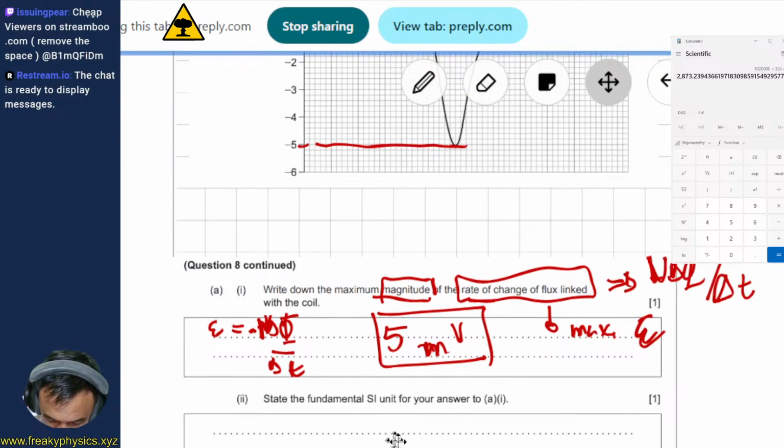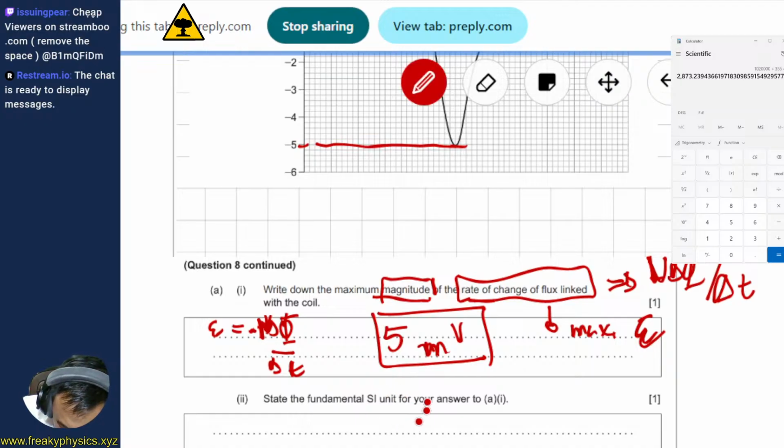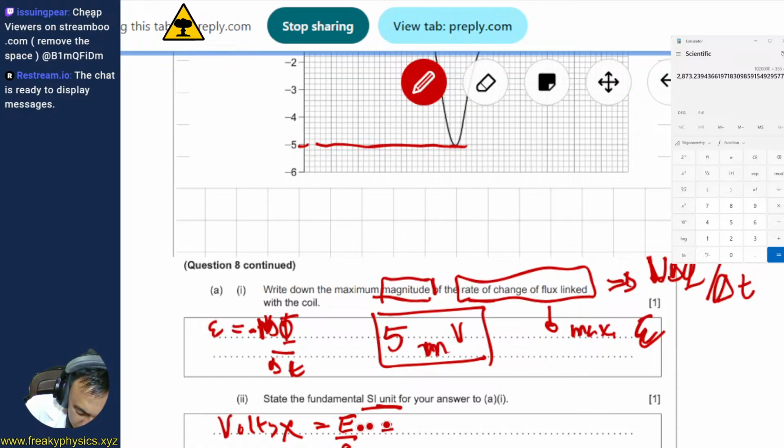All right. Let's go to 2, fundamental SI unit. For your answer, what's the fundamental SI unit? You cannot say volts. Volts would be wrong because that's not the fundamental. Remember though that volts is basically energy per charge, right? Energy can be expressed in force times distance because that's work done, and charge is current times time.